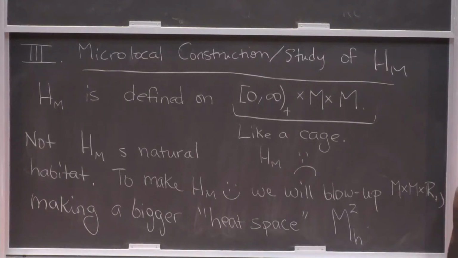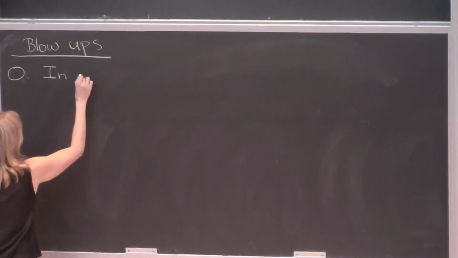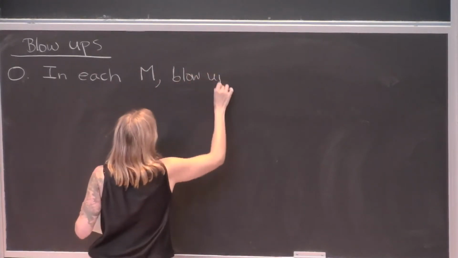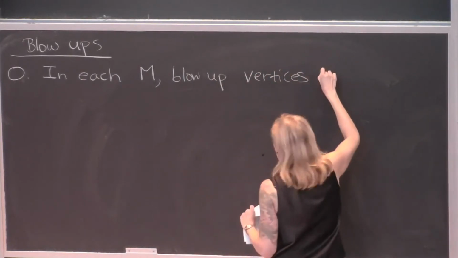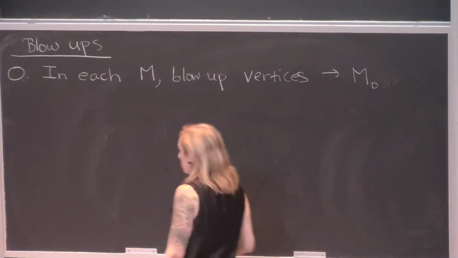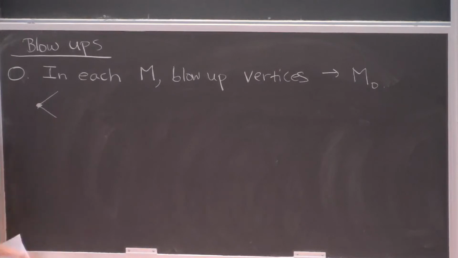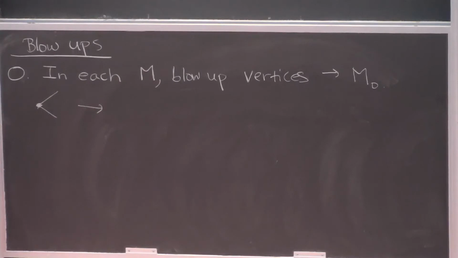Okay. So this is what we need to blow up. In each copy of M, we need to blow up the vertices. And we will call the resulting space with all the vertices blown up M0. So let me draw a little picture of what that looks like. If I have a corner and I want to blow up a vertex, the vertex is just going to get replaced with a little segment.